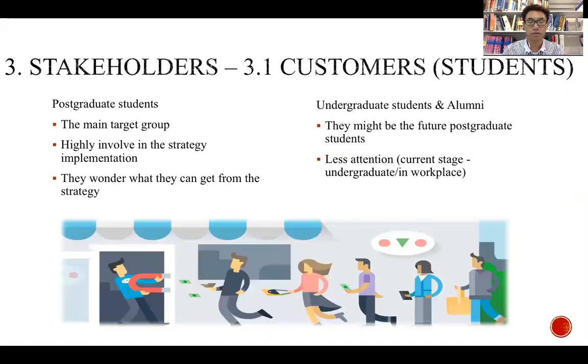Stakeholder analysis. Most UTS customers are students. The group has been separated into two categories: postgraduate students, and undergraduate students and alumni. Since the strategy mainly focuses on postgraduate students and they will be highly involved in the strategy implementation, they have high-level power to influence the strategy.